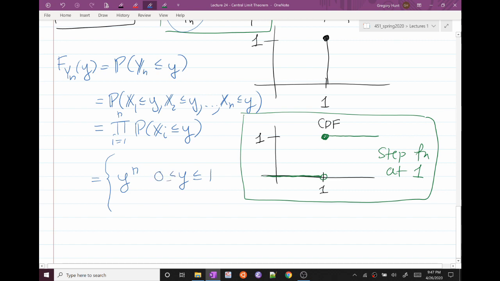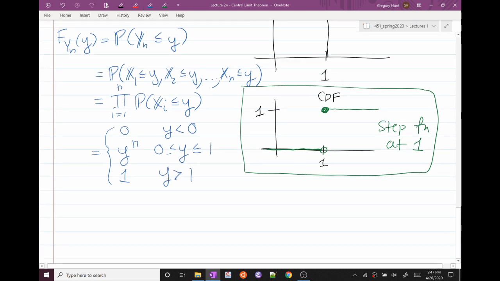If y is less than 0, the probability that any of these X sub i is less than that is 0. So it's 0 if little y is less than 0, and if little y is bigger than 1, each of these is 1, and so it's just 1 if y is bigger than 1.